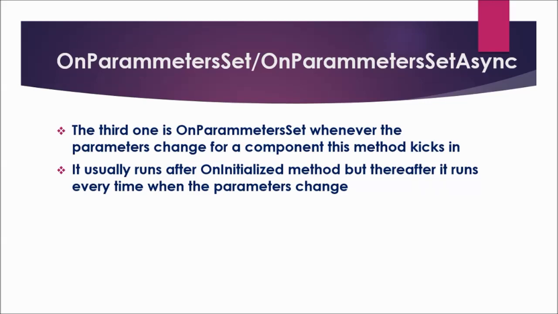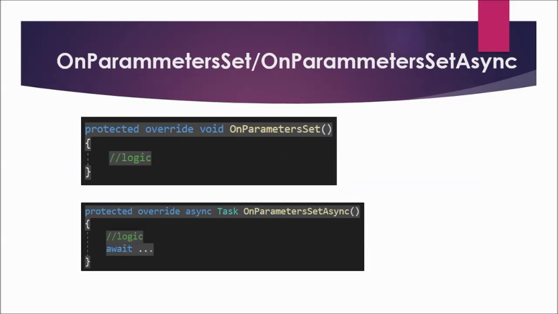If you have a component refresh, that is, if a parent component refreshes a child component, the OnInitialized method is skipped in that scenario. And in such instances, the OnParametersSet method runs after the SetParametersAsync method. It also has an async version.